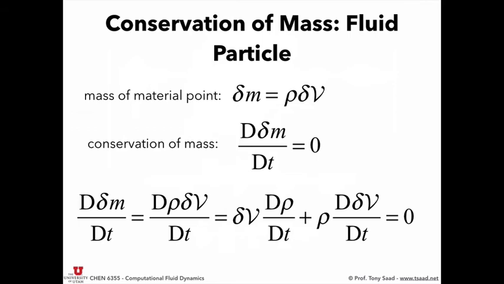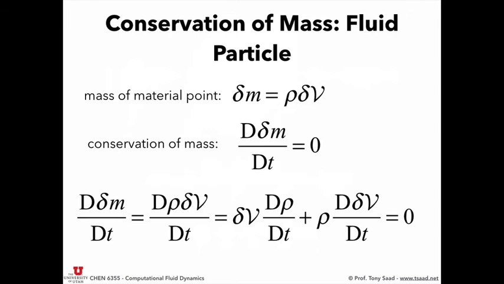Okay? So now we expand. We say d rho delta v by dt is equal to 0. But that's equal to delta v d rho by dt plus rho d delta v by dt.